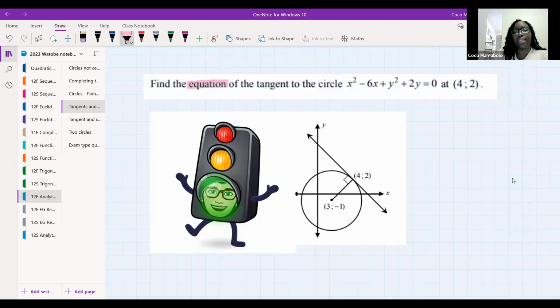Remember, we're looking for the equation of the straight line that touches our circle. I'm going to give you a couple of minutes. Once you're done with the question, pop the fire emoji in the chat for me.